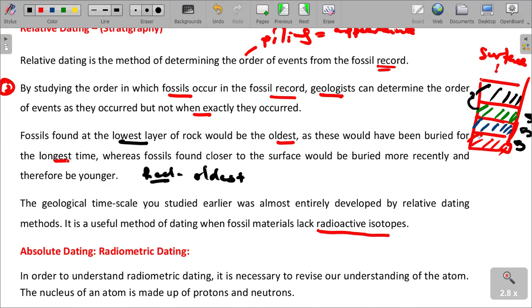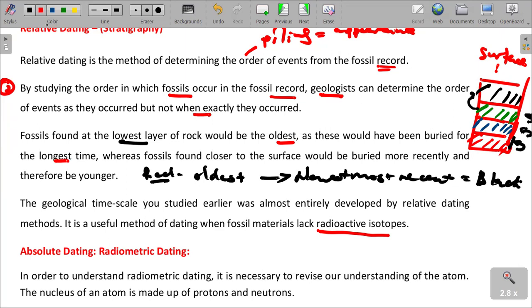So the ones found on the lowest level are the oldest, followed by the other ones, until the most recent, which is black, according to the illustration that I've shown here.